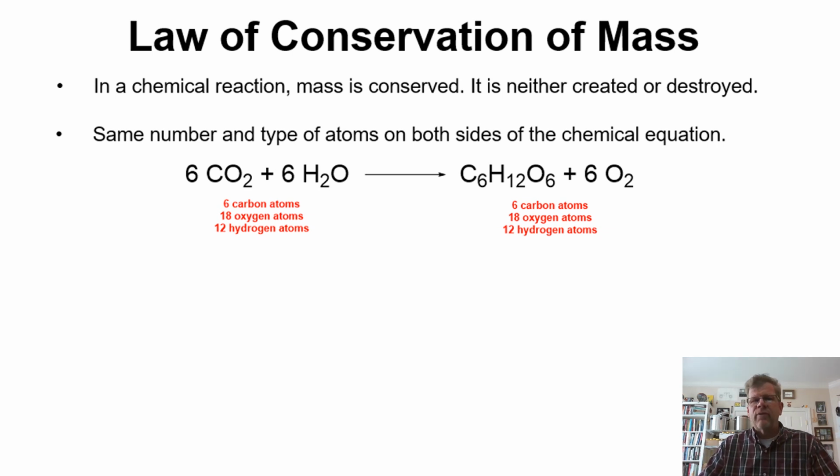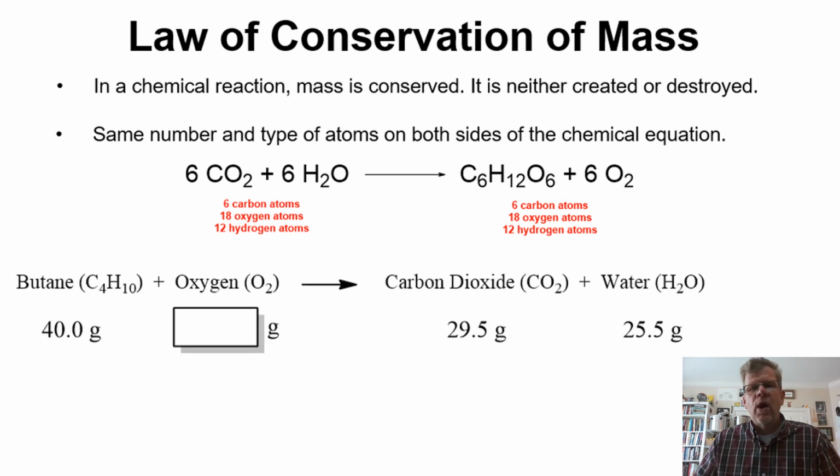Another way of describing or expressing the law of conservation of mass would be with respect to masses of reactants versus products. So here we have a chemical equation of reaction written differently. I've written this such that I've spelled out the actual reactants and the products.